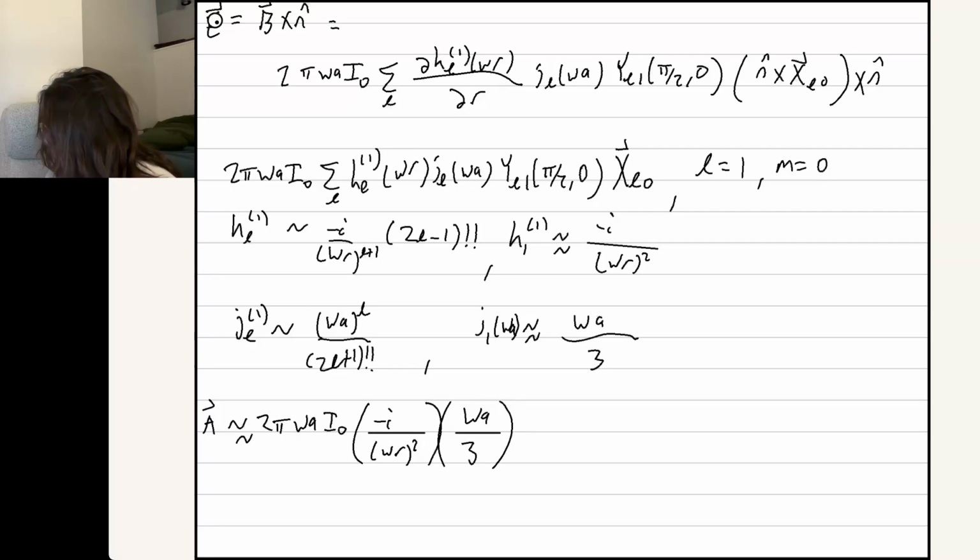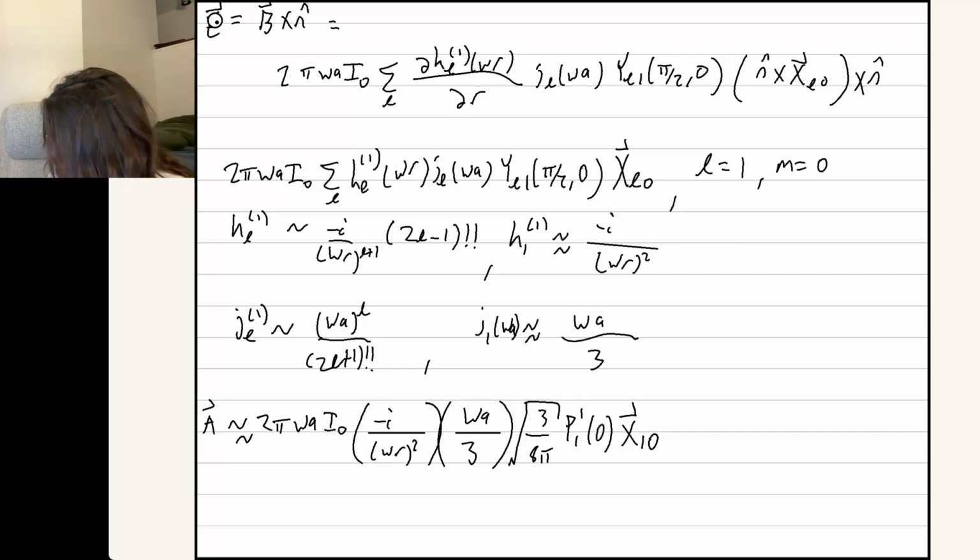The spherical harmonic Y_l1 of π/2 and 0, or now it's just going to be Y₁₁. So I just wrote down what Y₁₁ was. It ended up being square root of 3 over 8π, P₁₁(0). And then the vector spherical harmonic Y₁₀, or X₁₀.